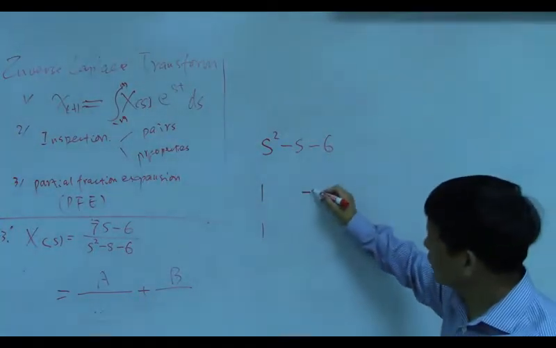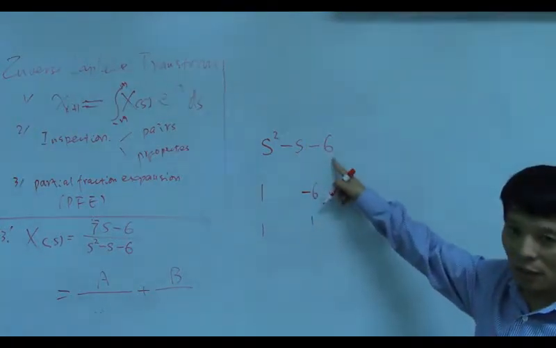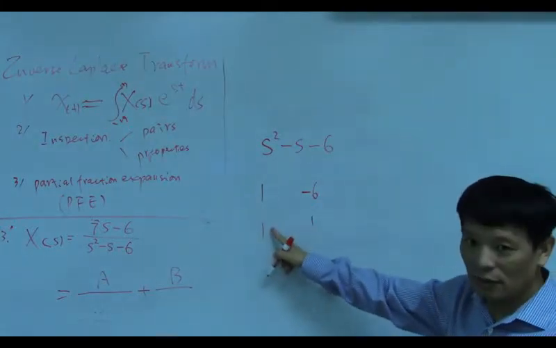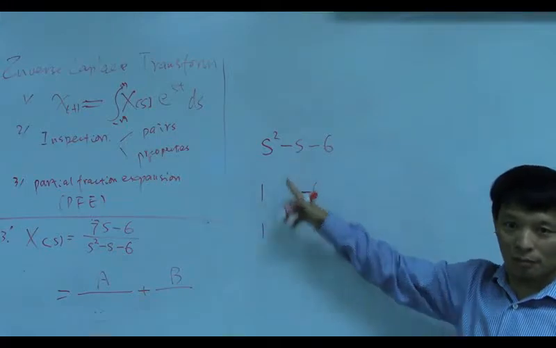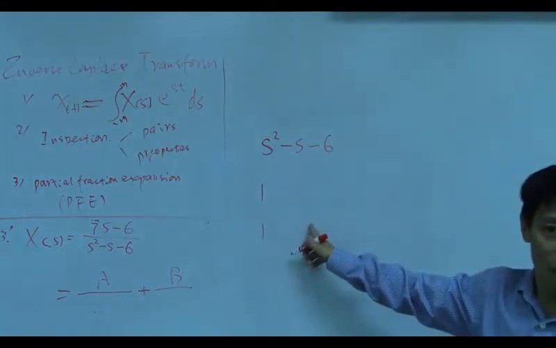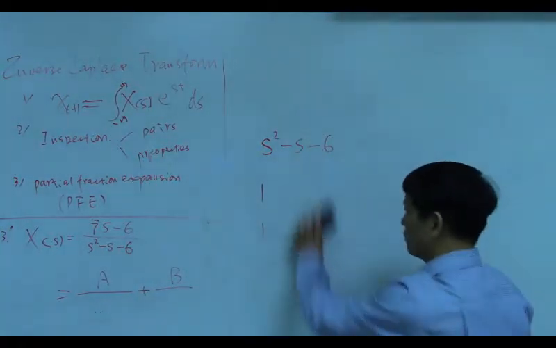You can use negative 6 and 1, whose product equals negative 6. But the cross product, this one equals 1, this one equals negative 6, added together not equal to negative 1. So this is not going to work. If you write negative 6 on the other side, it's still not going to work. So we forget this.